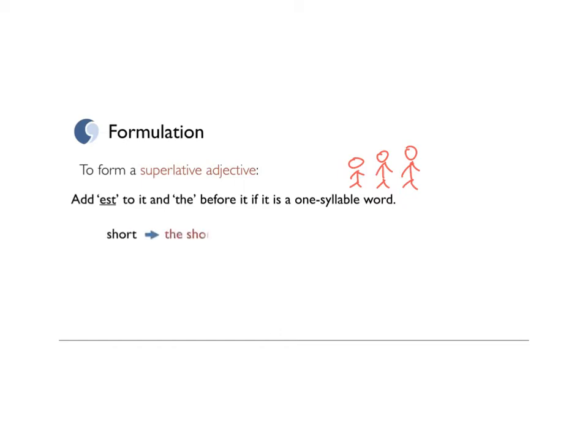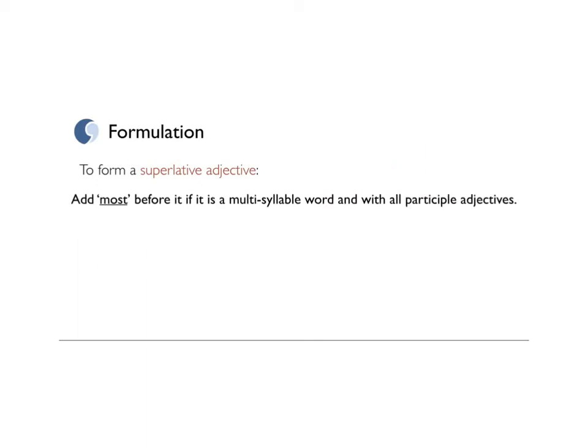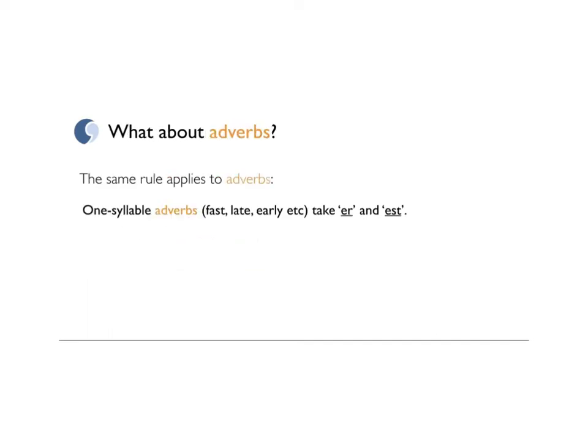For example, short, the shortest, nice, the nicest. If the adjectives have more than two syllables, simply add the word most before it. For example, difficult, the most difficult. Interesting, the most interesting.